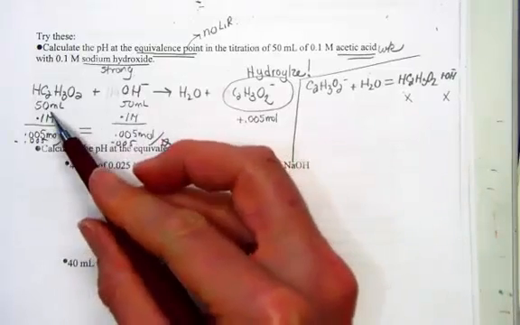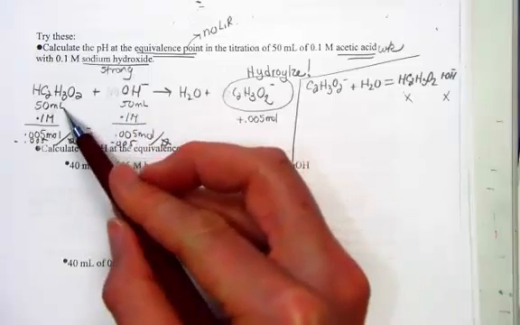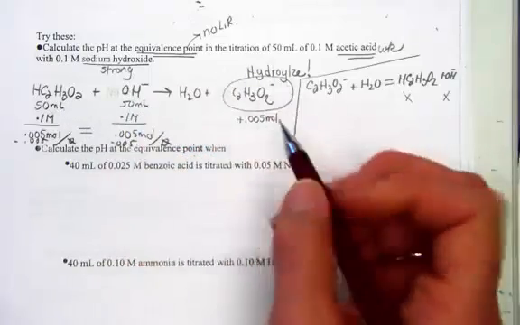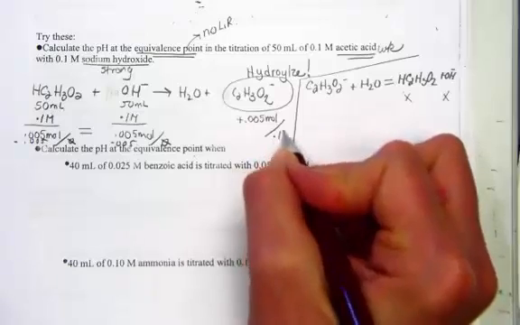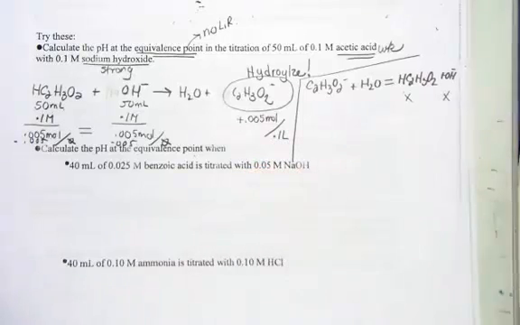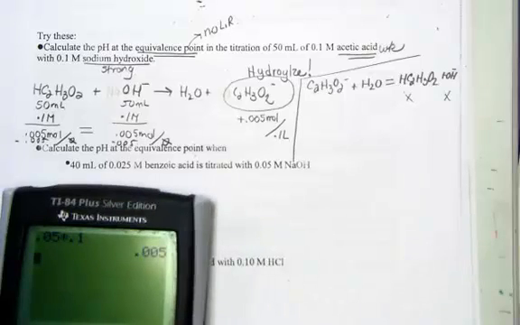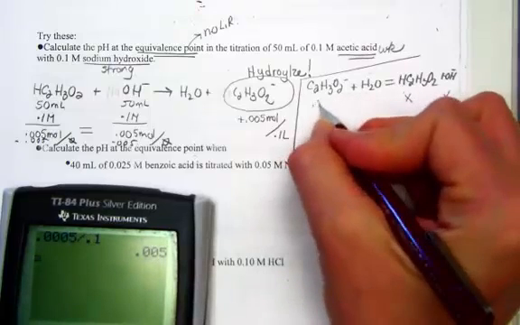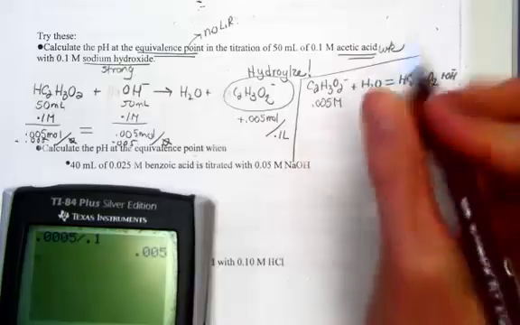So I think about the combined volume. If 50 mils of acid were put into 50 mils of base, we end up with 0.1 liter, 100 milliliters. So when I carry over the initial concentration of the acetate to the hydrolysis problem, I'm going to show that as a molarity of 0.005 big M.